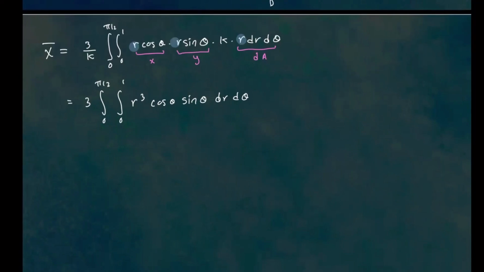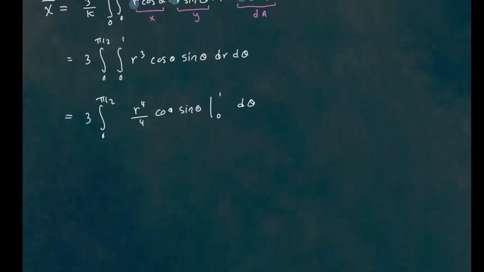So first I'm going to integrate with respect to r, and then I'll integrate with respect to theta. So we have 3 times the integral from 0 to pi over 2. When I integrate r cubed with respect to r, I have r to the 4 over 4. I rewrite cosine theta, sine theta, evaluate this from 0 to 1, and then we integrate with respect to theta.